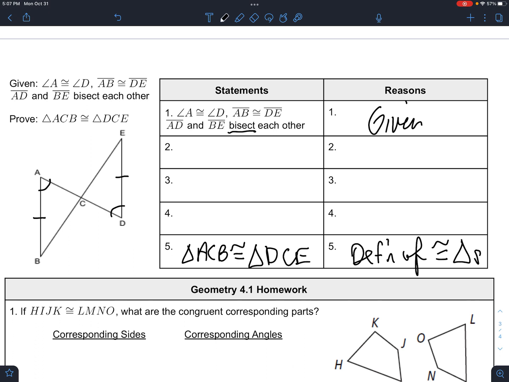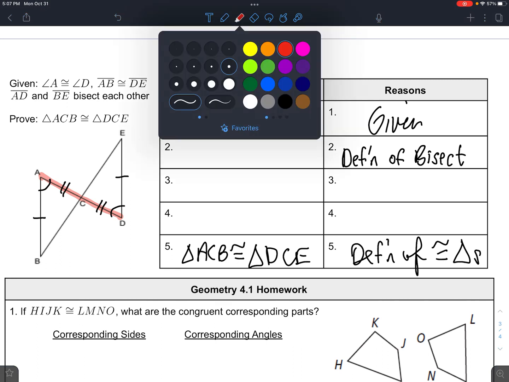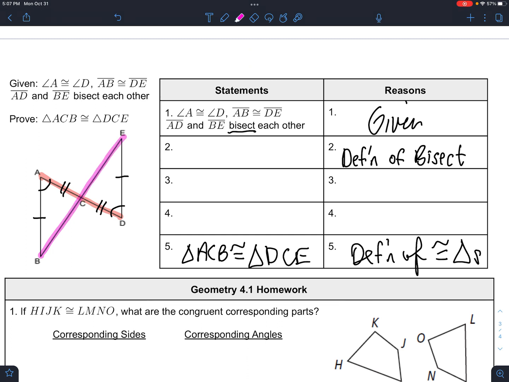We have AD bisecting BE and BE bisecting AD. So we're definitely going to use bisect like we normally do on the first if it's mentioned. It's a little bit tricky here, but basically this segment here is being cut in half and we have 2 congruent parts. So this is cut like this, and then also BE is being cut into 2 equal parts like that.